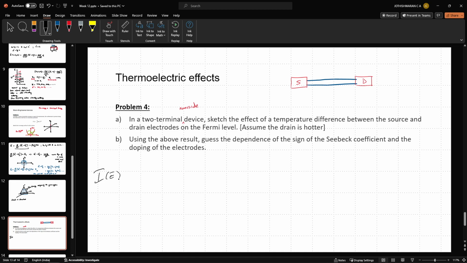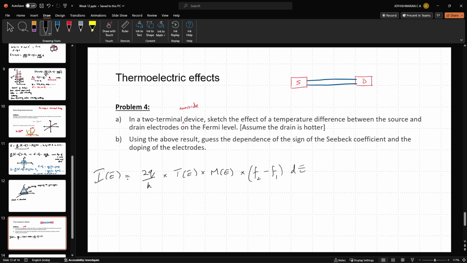I of E is nothing but 2q upon h into T of E into M of E into F2 minus F1.